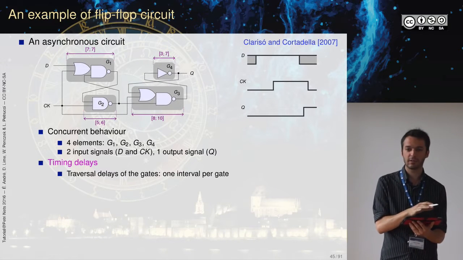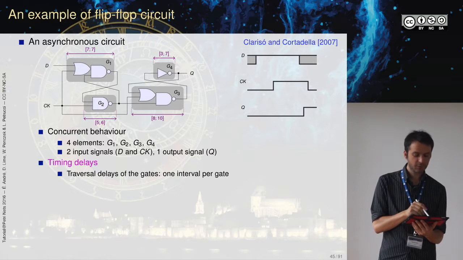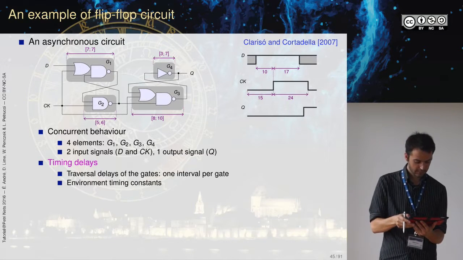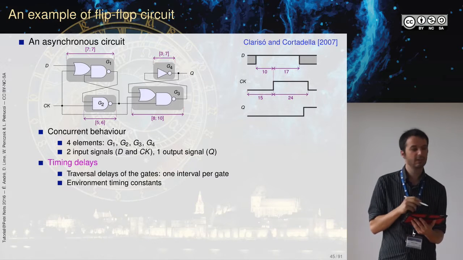I think it's more or less nanoseconds, once more. So we have traversal delays. Here is an exact traversal delay. Here is an interval, 5, 6. Here 3, 7, and here 8 to 10. Okay? We have some timing constants in the environment. The clock cycle lasts for 15 plus 24. And then 10 time units before and 7 time units after the rise of CK, I know that D is equal to 1.